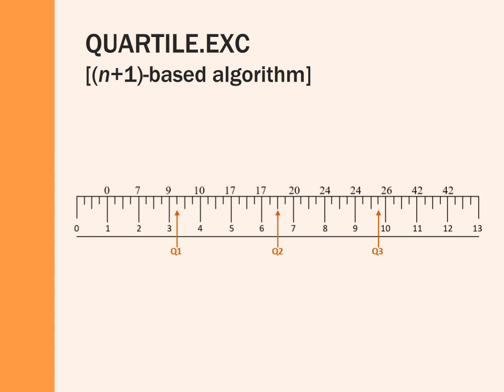Now the next step in the process is to find what the values are associated with those positions on our 13-inch ruler. Because there is no case that falls at inch 6.5, what we need to do is interpolate between 17 and 20, the cases that fall just below or just above at inches 6 and 7. So we find the difference between 17 and 20, and that's a 3-point difference, whatever units the variable is measured in.